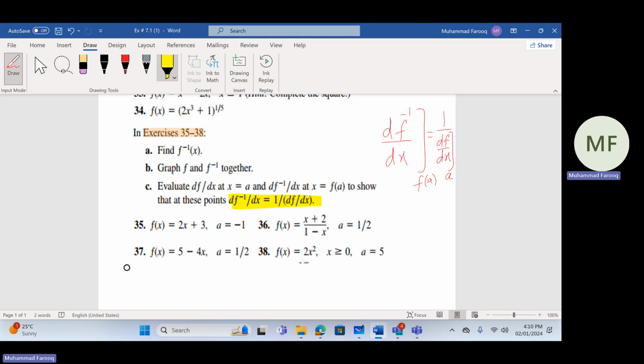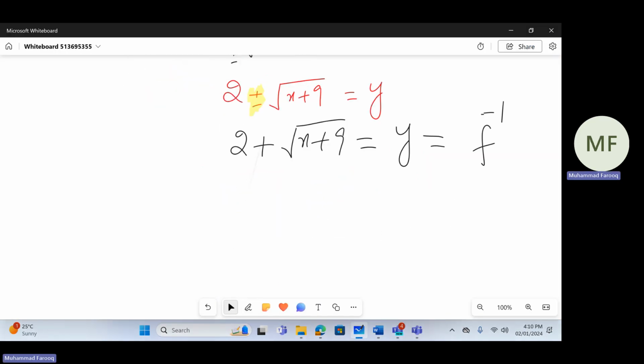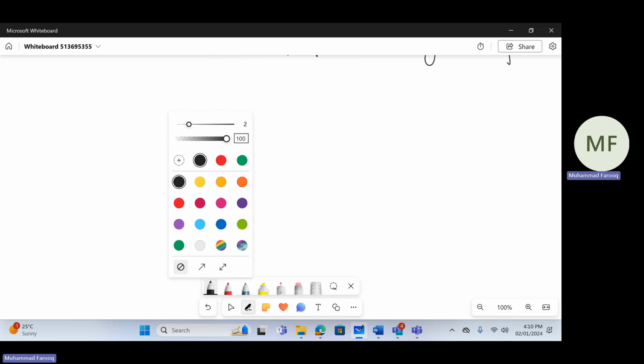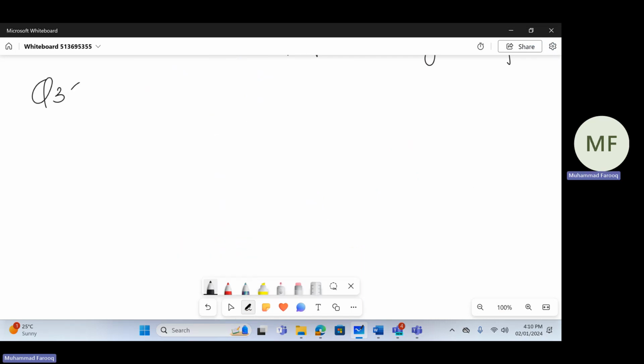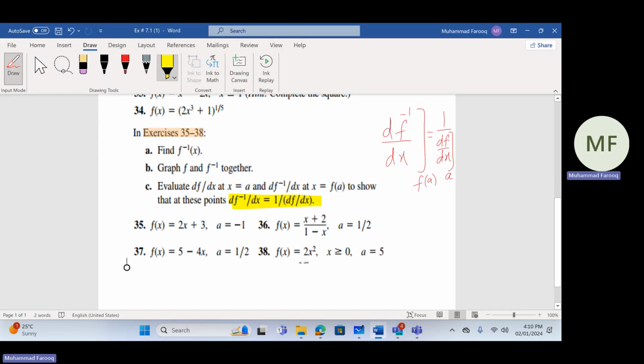For example, we can go for question number 36. For the sake of understanding, let's copy question 36. The function is given to us: x plus 2 over 1 minus x, and A is half.